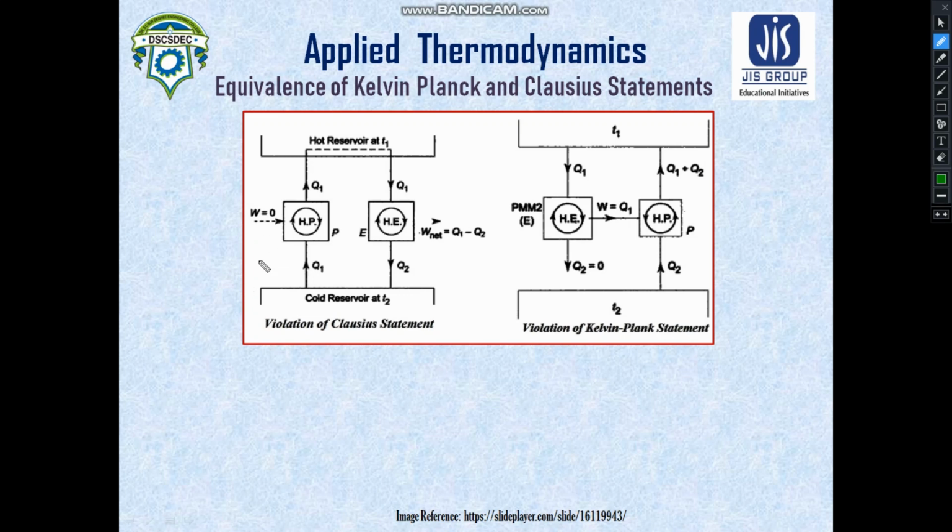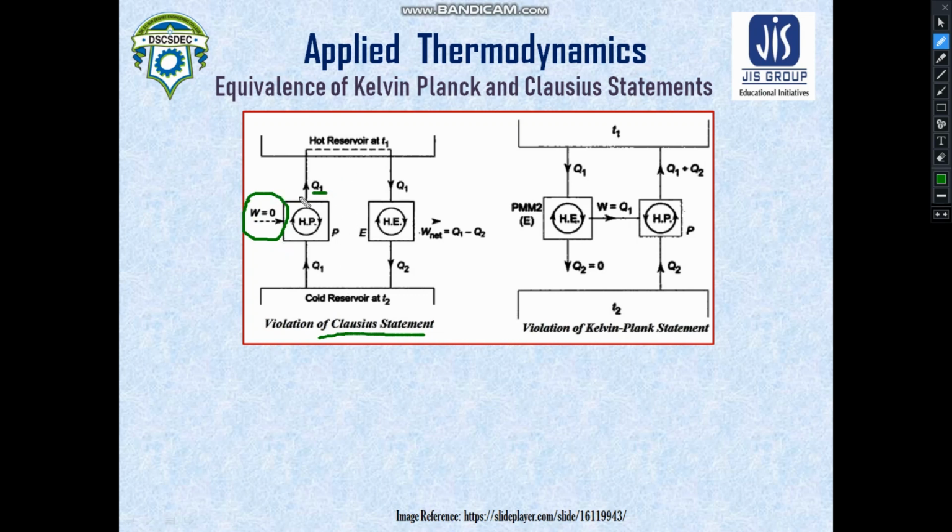That means it is violating the Clausius statement. It is taking heat Q1 from the cold reservoir and transferring this Q1 heat to the hot reservoir without creating any kind of external effect. So it is a clear violation of the Clausius statement.